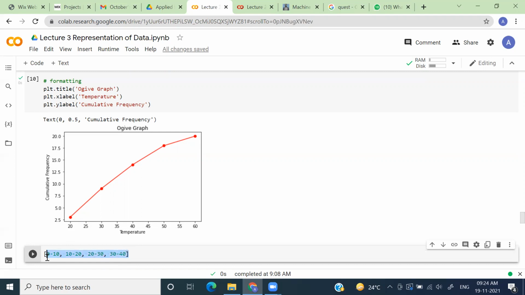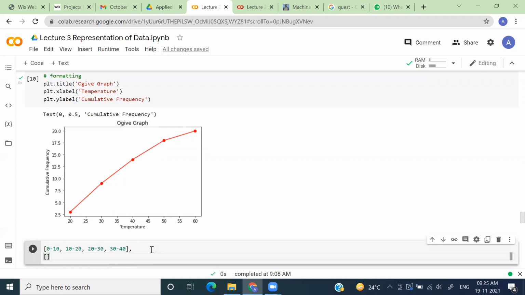In the y-axis, what will come is the frequency. Let's say there are 3 people whose age is between 0 to 10, 2 people between 10 to 20, 4 and 5. So you have been given this data as a frequency table.